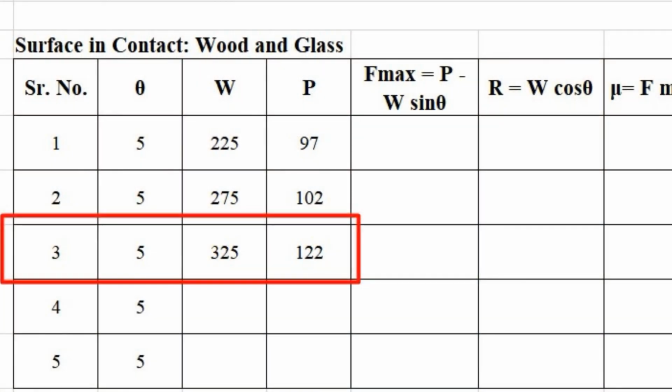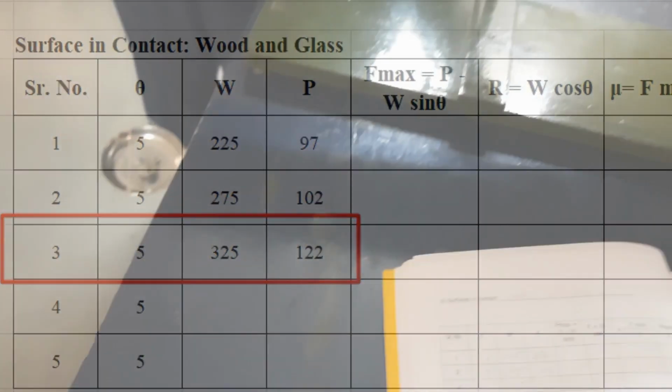The weight in the pan is 77 and W is 325. 122 gram is the effort P.